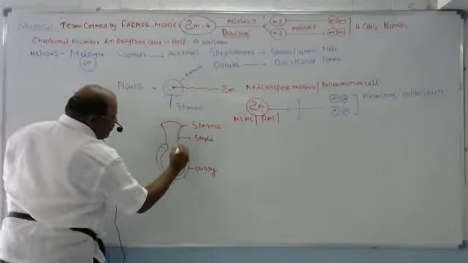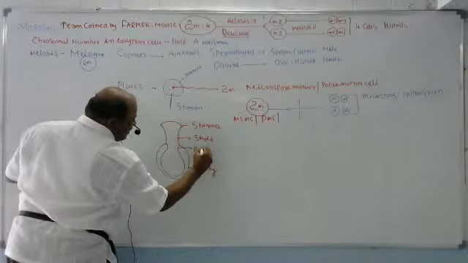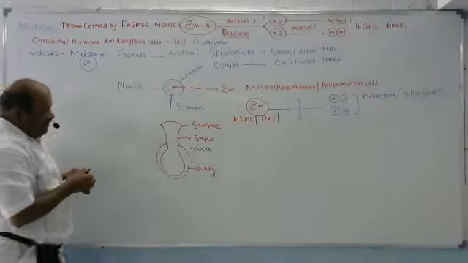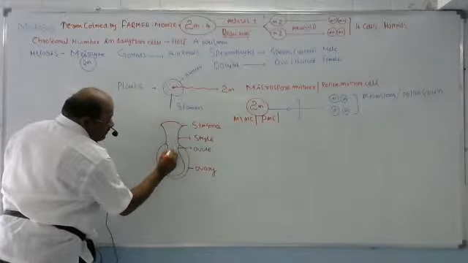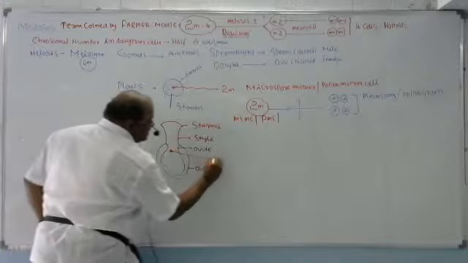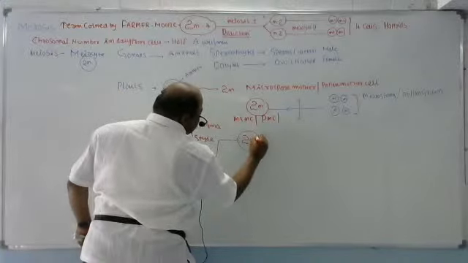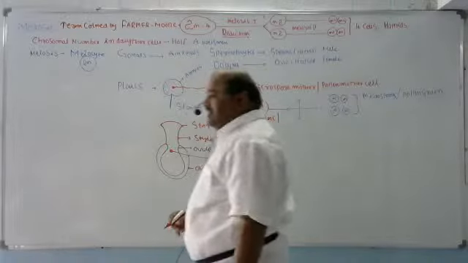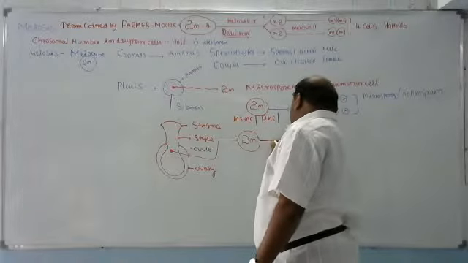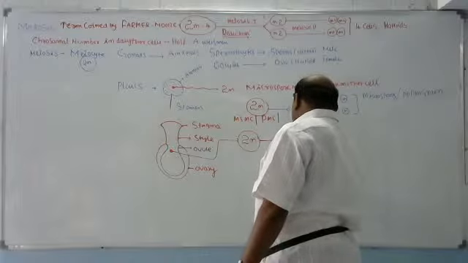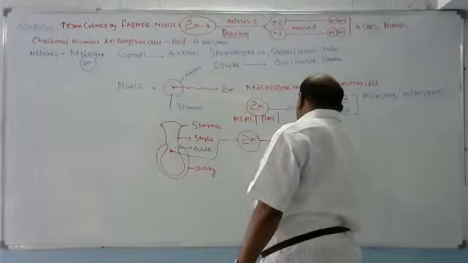Now, within this ovary is the ovule. Within this ovule, a diploid cell is present. The diploid cell present in the ovule, which is subjected to the meiosis process, is called the megaspore mother cell.